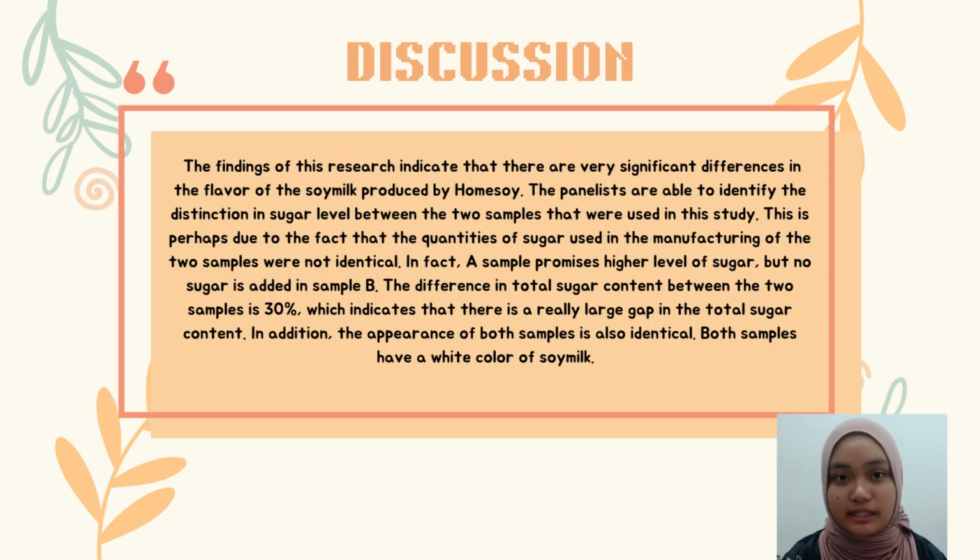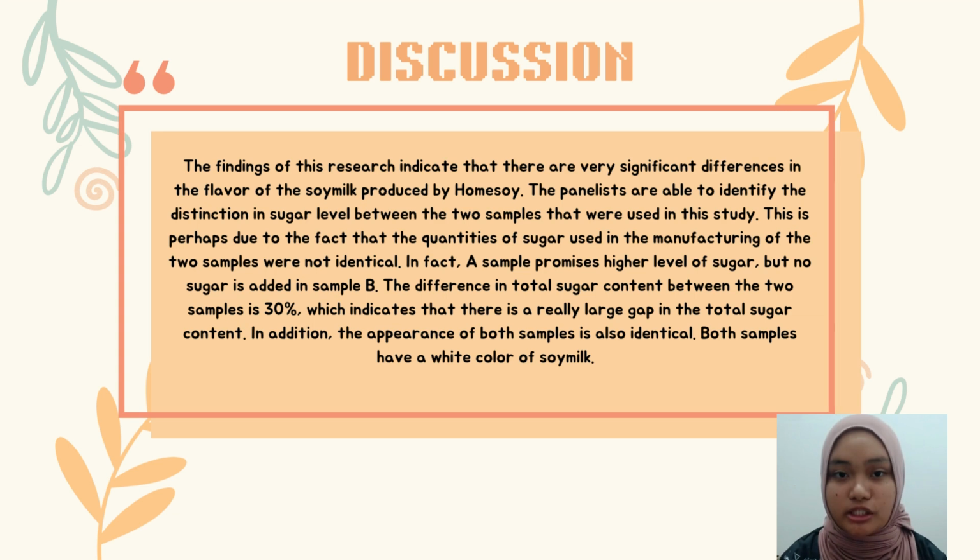Now, we proceed to the discussion. The findings of this test indicate that there are very significant differences in the sweetness levels of the soy milk produced by Home Soy. The panelists are able to identify the distinction in sugar level between the two samples that were used in this test.